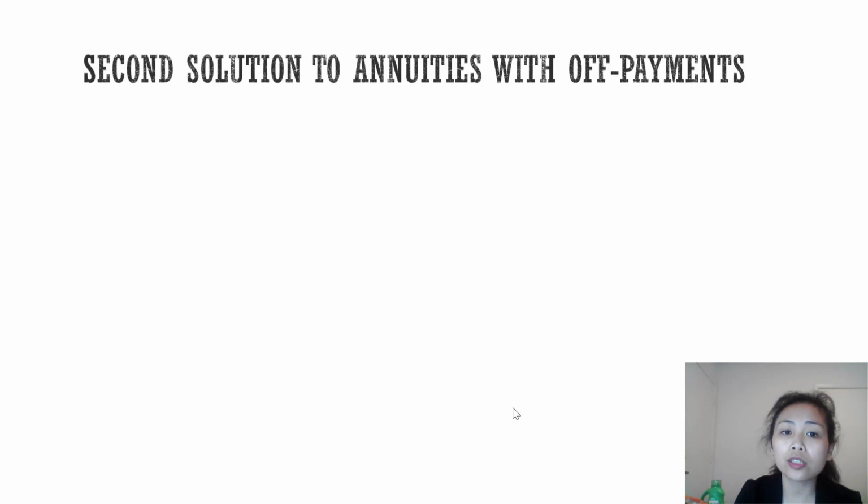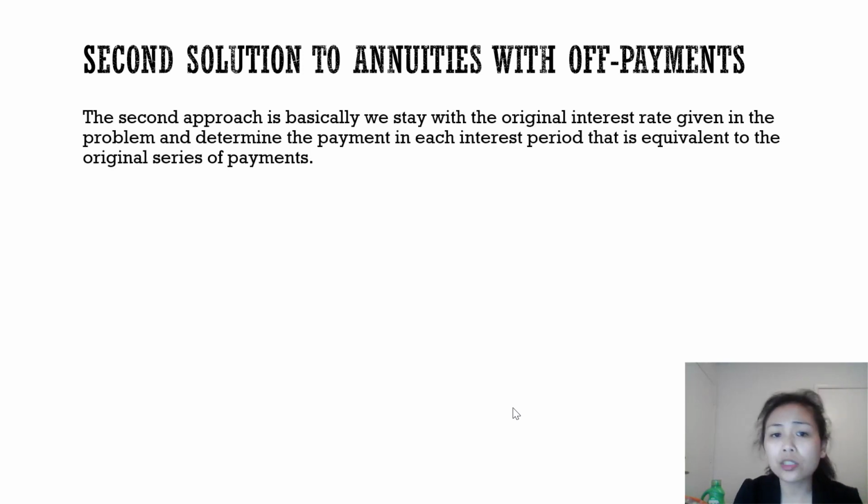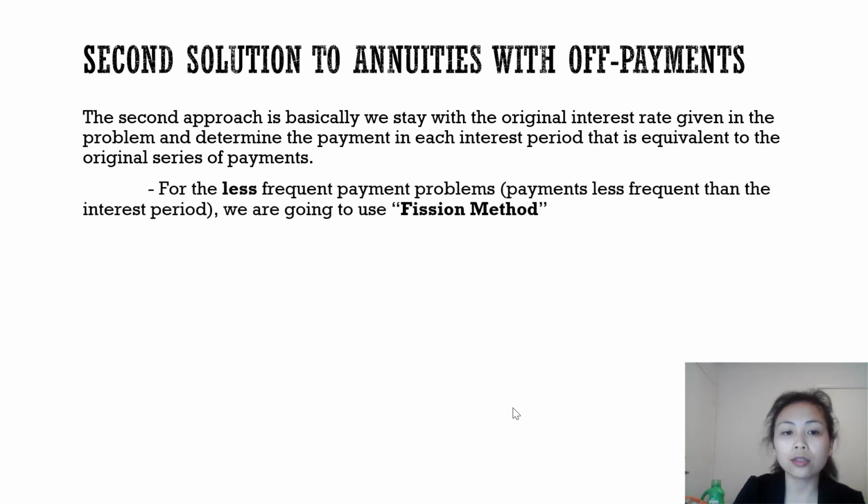Now we are going to the second approach, second solution to annuities with off payments. The second approach is basically we stay with the original interest rate given in the problem and determine the payment in its interest period that is equivalent to the original series of payments. As I said, we have 2 types of problems, the less frequent payments and the more frequent payments.